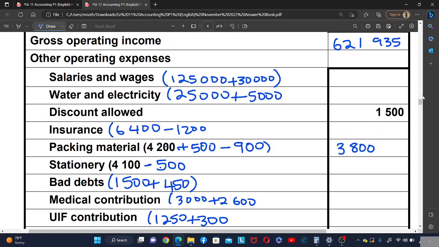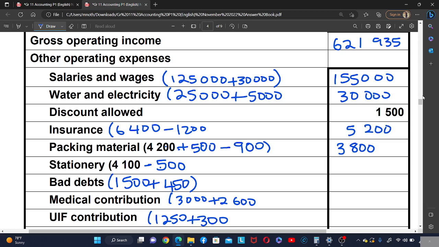Then salaries and wages, let's add 255,000. This one is 30,000. This one 1,200.